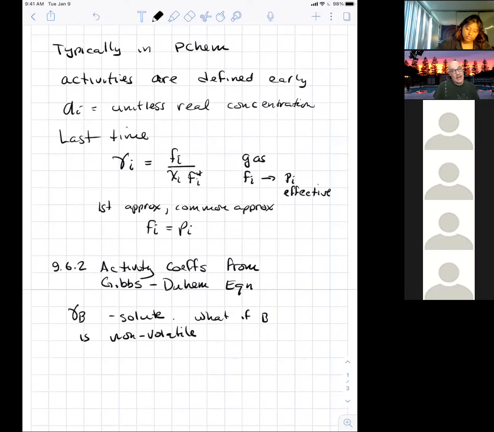What we did last time is we found the activity coefficient of the solvent through the fugacity or partial pressure of that species above the liquid, and that's because we assume the solvent is volatile.